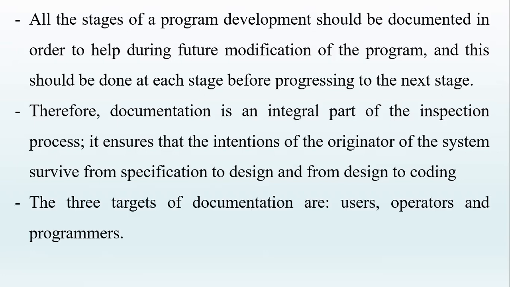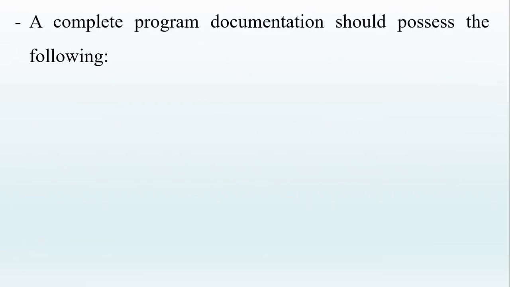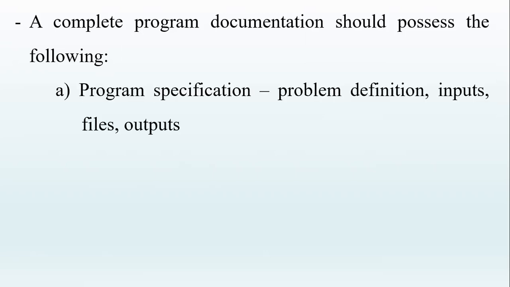The three targets of documentation are the users, the operators, and the programmers. A complete program documentation should possess the following. Number one is program specification, which indicates the problem definition, the inputs, the files, as well as the outputs.